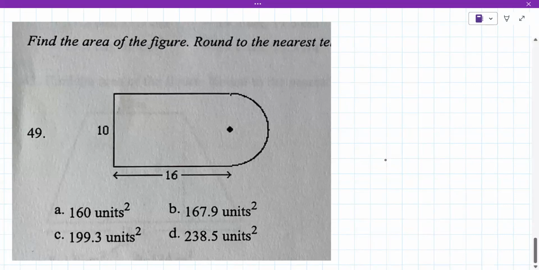Oh, is it 5? It is 5, and it always helps. I know you don't have it in front of you, but if you did, drawing a line here would help. And it is 5.